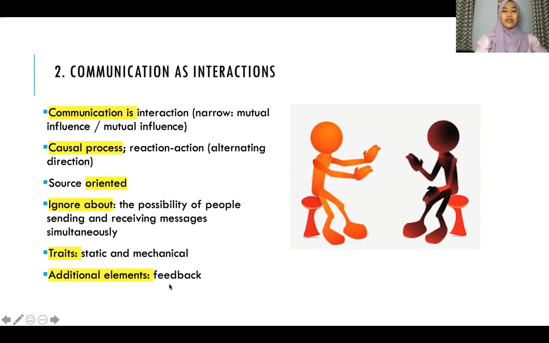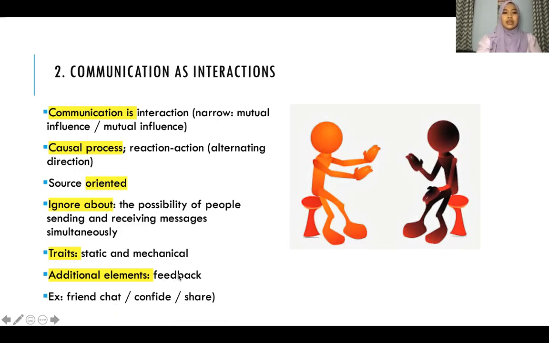In the first conceptualization, communication as a one-way process ignores feedback, because it is impossible to get feedback in a one-way process. But here, because the communicators are not many, they may have feedback.